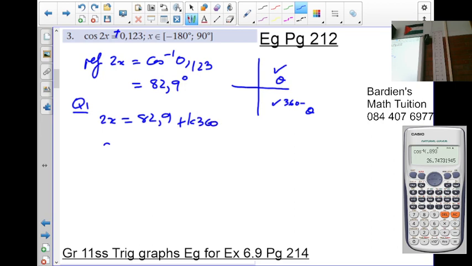So I divide throughout by 2. So 82.9 divided by 2 is 41.5, plus k times 180 degrees.